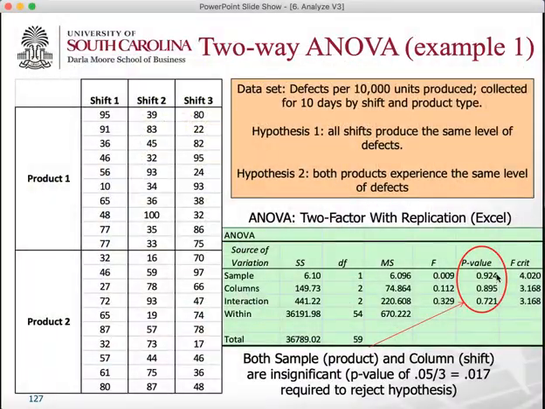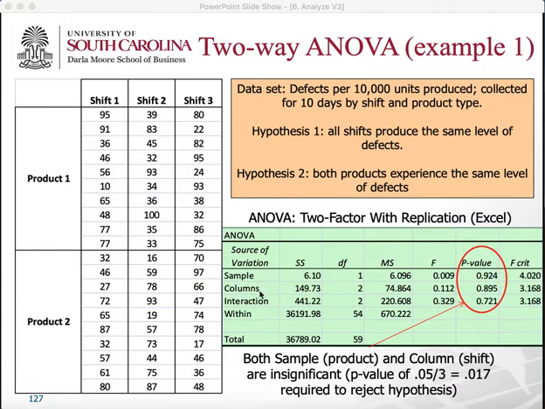My criterion here is that the p-value has to be lower than 0.017. Are any of those values lower than 0.017? No, they're not. Since they're higher than my threshold, I cannot reject the null hypothesis. I can only reject if they are lower than it.